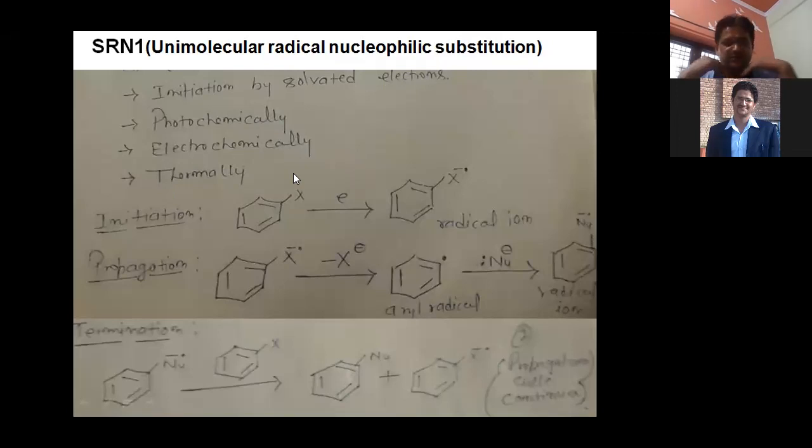There are so many ways by which your solvent releases an electron. Sometimes in photochemical conditions, when you give one photon of energy, the solvent electron is excited from the ground state to an excited state, and then it can lose the electron for a nucleophilic aromatic substitution reaction.